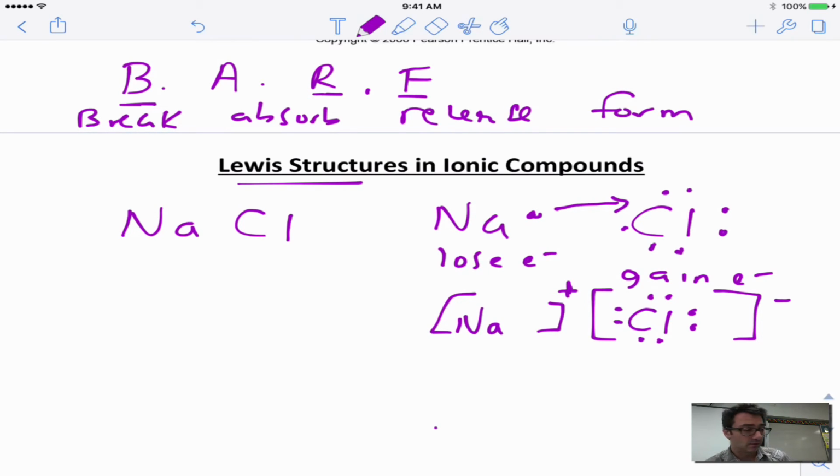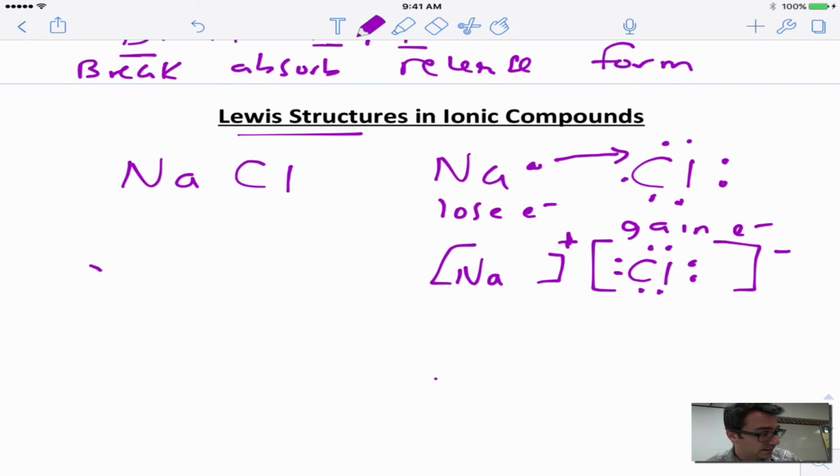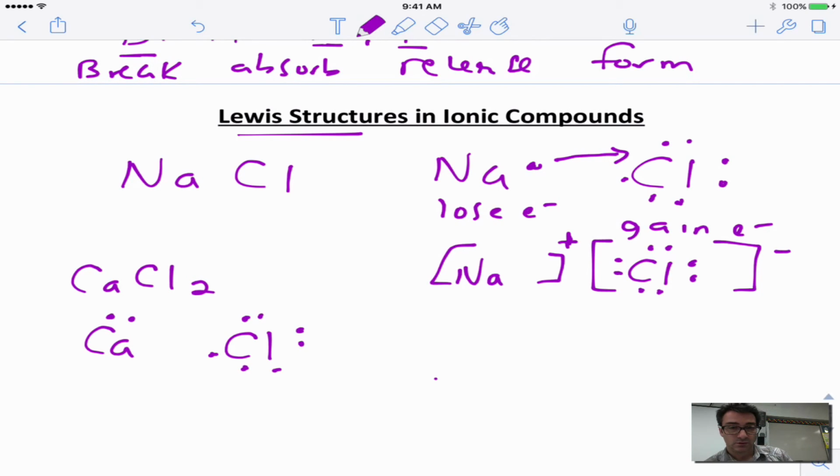What if I had something where it wasn't 1-to-1 like this? So what if I had Ca and Cl2? If I have a compound like this, I'm going to have my Ca with its 2 valence electrons, and my Cl with its 7 valence electrons. Well, Ca can give 1 electron to chlorine. That will have an octet.